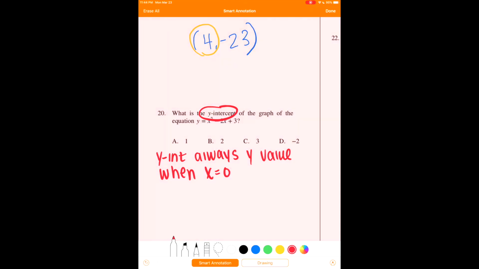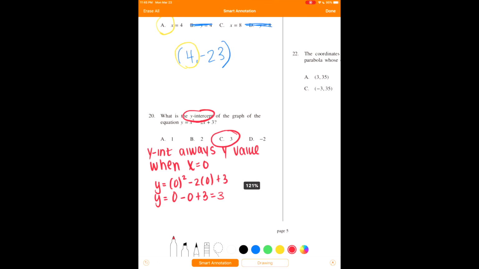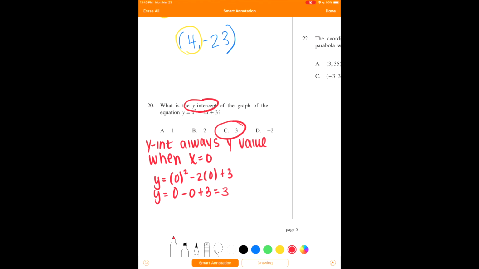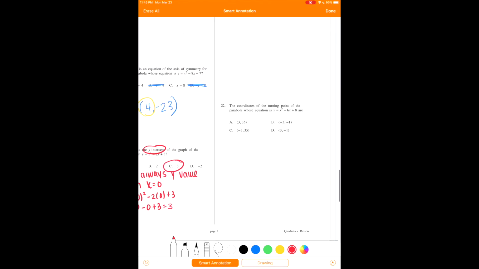So I can just plug in 0 for x. So 0 squared is 0, 2 times 0 is 0, and then plus 3. So my final answer is 3 as my y-intercept. That's also a review from last year, finding the y-intercept.